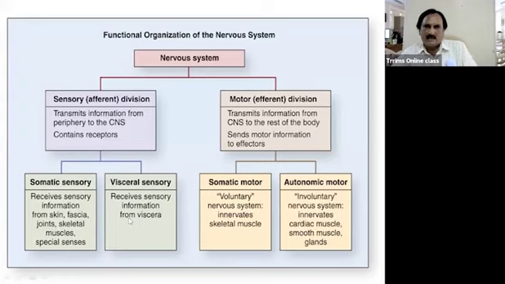Similarly, you have the sensory information from your viscera, namely the stomach, the lungs, and the various organs in the urinary system. All these things will send sensory information to the sensory afferent division of the nervous system. And this transmits the information from the periphery to the central nervous system.